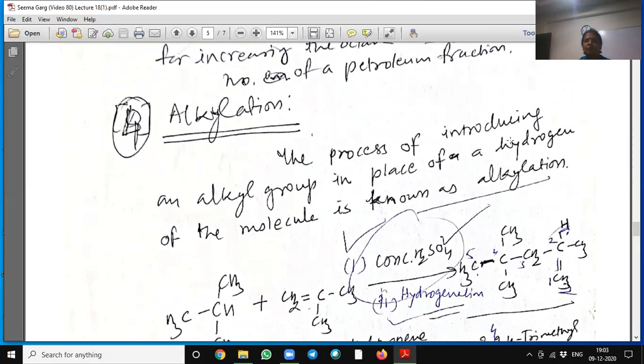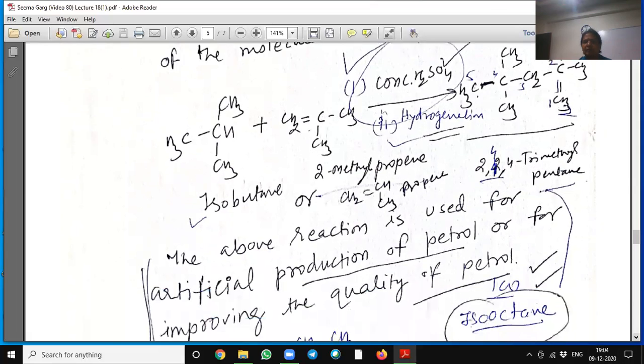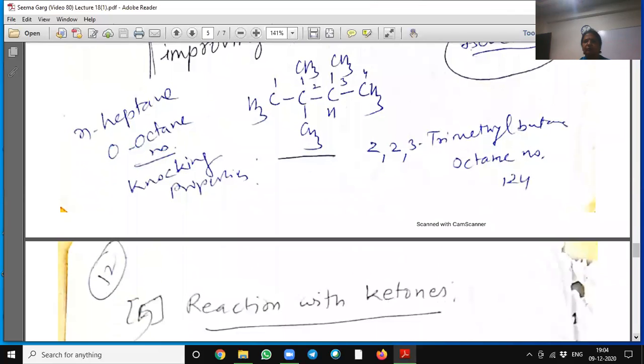Alkylation. The process of introducing an alkyl group in place of a hydrogen of a molecule is known as alkylation. Isobutane and 2-methyl propene, we can convert with alkylation reaction into 2,4,4 trimethyl pentane. The above reaction is used for artificial production of petrol or for improving the quality of petrol.